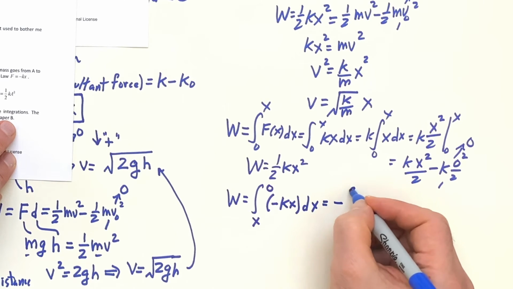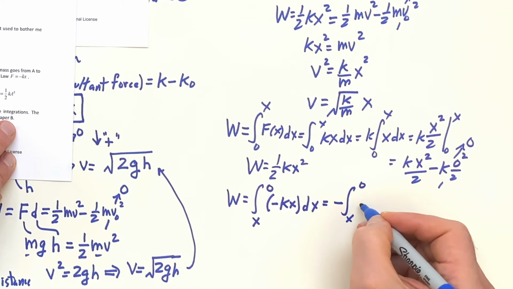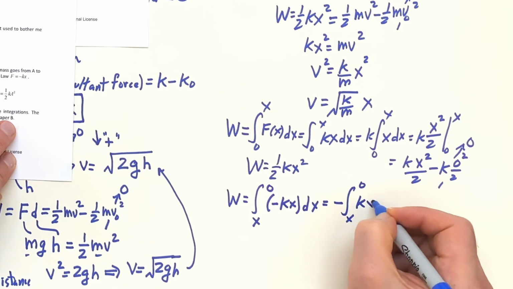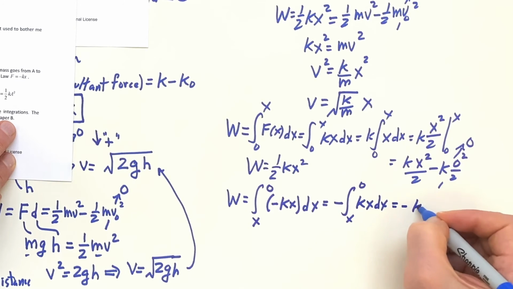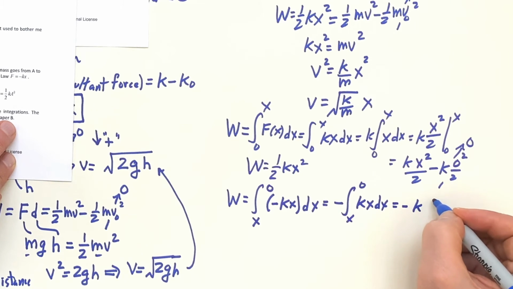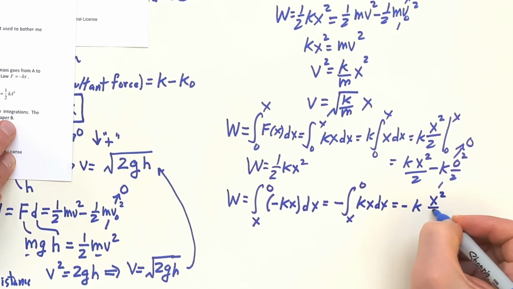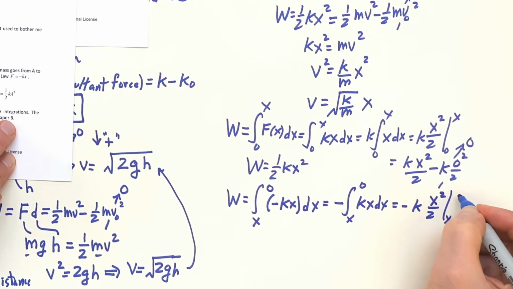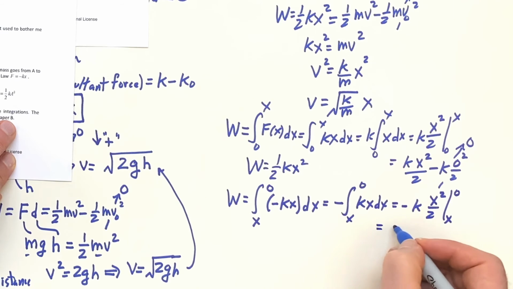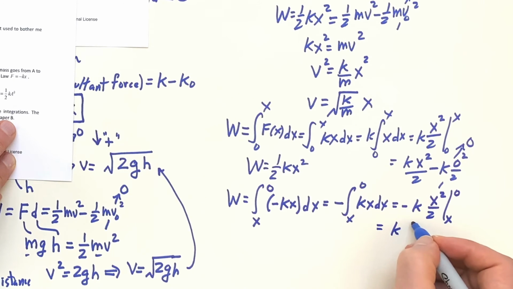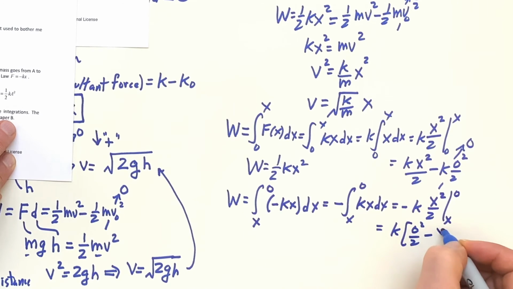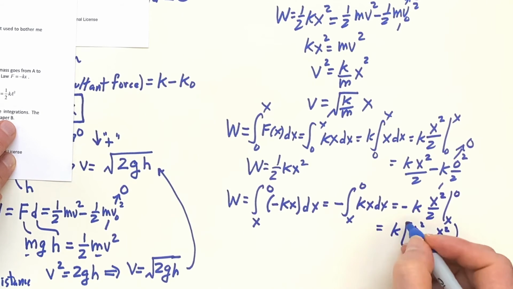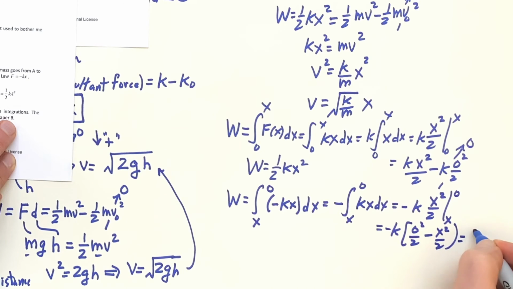This is going to be minus the integral from x to 0 of kx dx, which will be equal to minus k times x squared over 2 from x to 0. That's k times 0 squared over 2 minus x squared over 2. The minus signs are going to cancel, and you're going to get 1/2 kx squared.